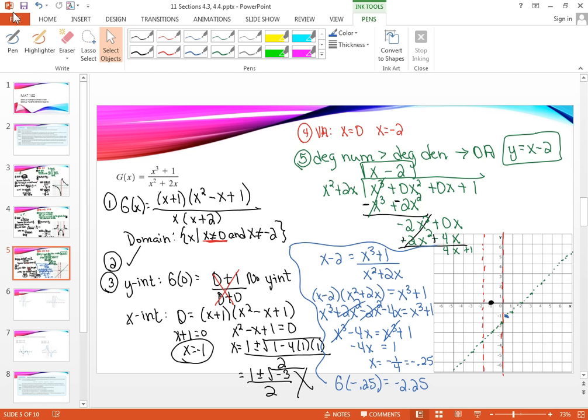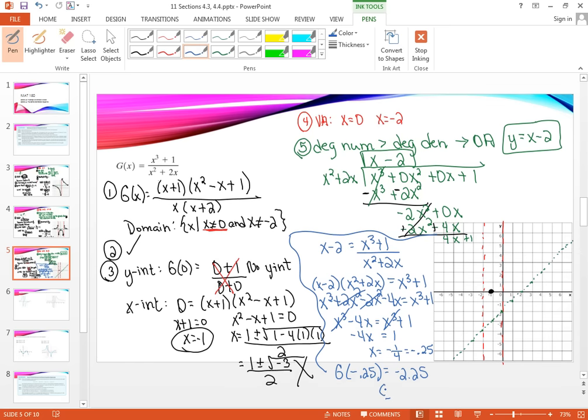Oops, I put my little blue dot in the wrong spot, didn't I? It's supposed to be negative 0.25, and negative 2.25 is where it crosses the green line. So negative 0.25, it should be right here. Okay, so that's the only place that I can draw my graph through the green line.